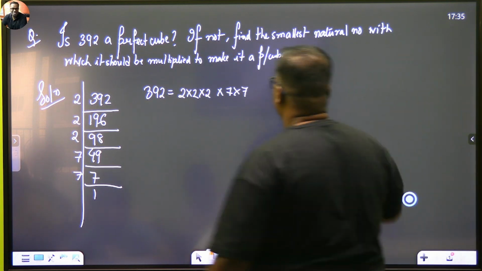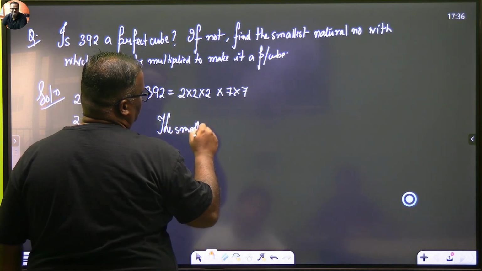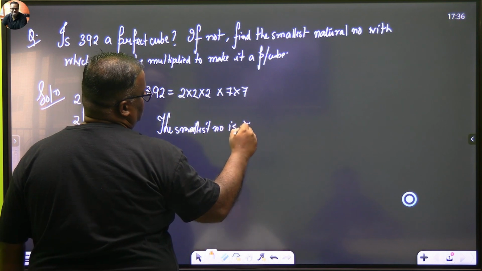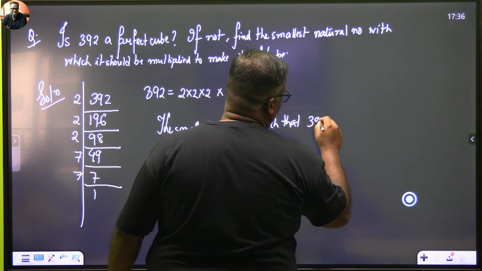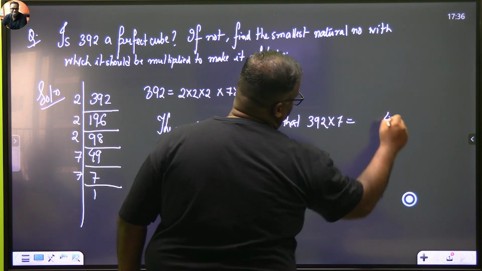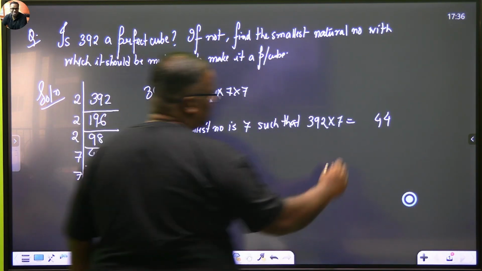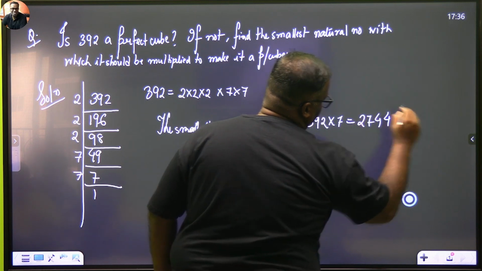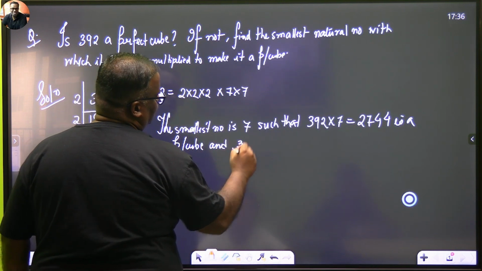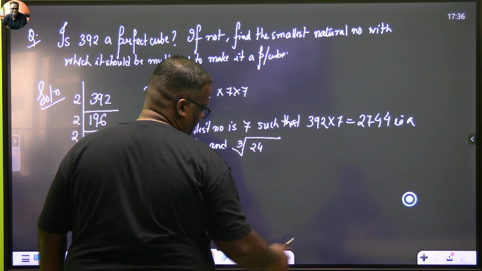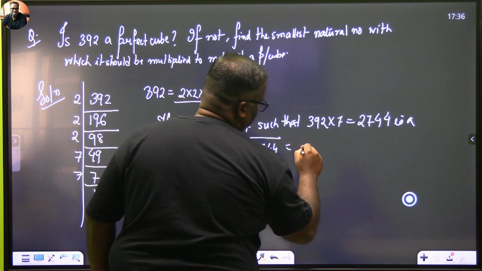So what do we write? The smallest number is 7, such that 392 into 7 is 2744. 7 times 2 is 14; 7 times 9 is 63, plus 1 is 64; 7 times 3 is 21, plus 6 is 27. So 2744 is a perfect cube, and you can also write the cube root of 2744 as 14.